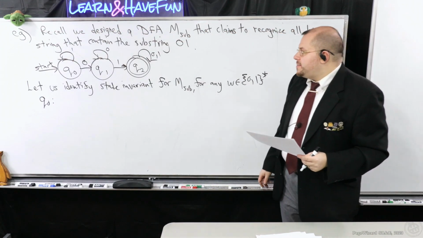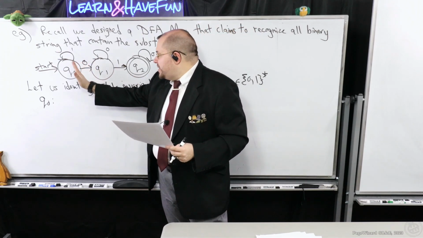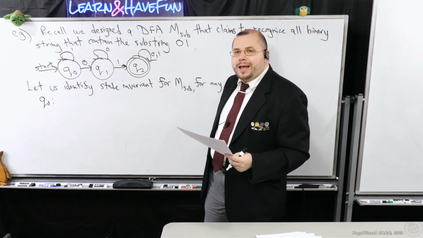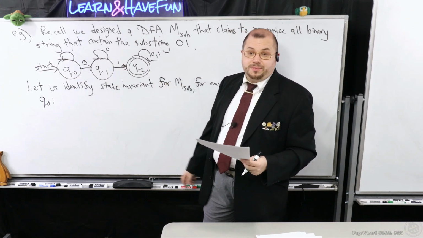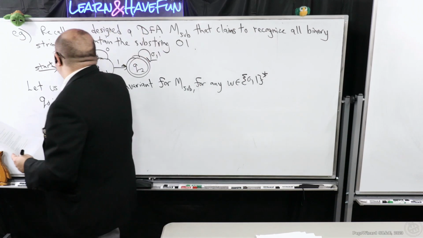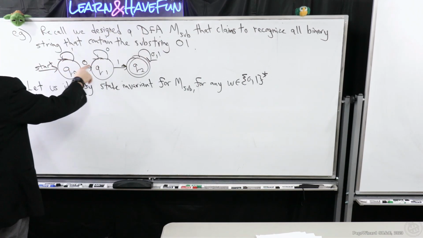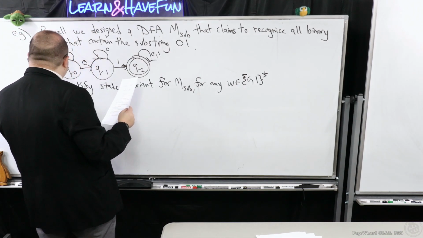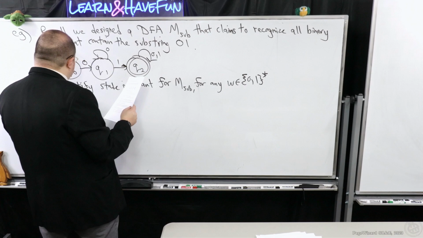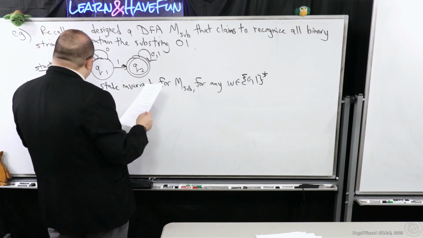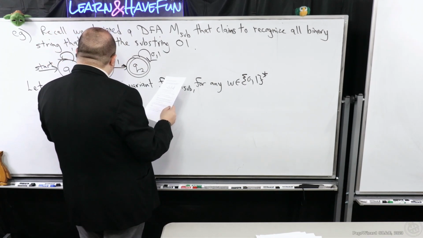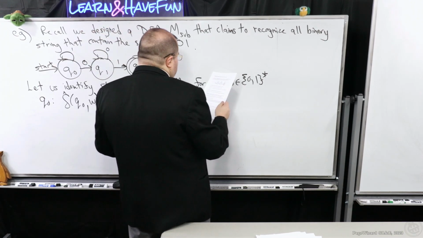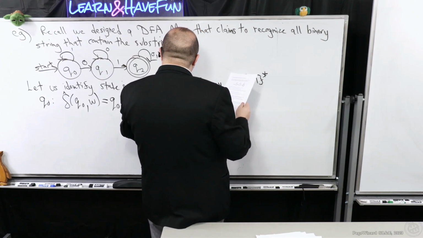If you think about it from the perspective of us trying to detect 0, 1 as a substring, do you notice that we never read any zeros yet? We can read as many ones as we'd like in Q0, but there are no zeros that have been read. So this might be a good way of proposing a state invariant. So delta hat of Q0, W: upon starting in Q0 and reading W, it's in Q0 if and only if W contains no zeros.